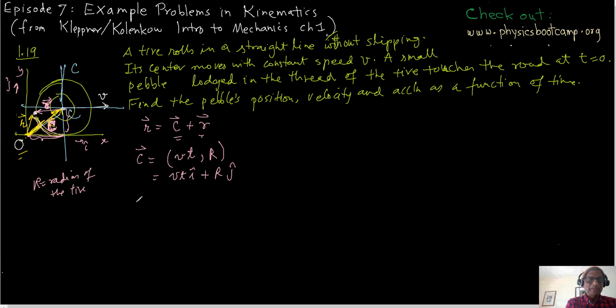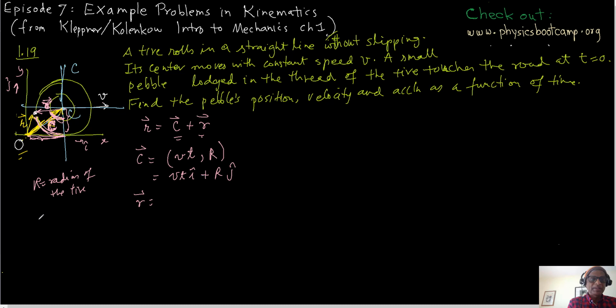And what is little r? Little r is in this coordinate system. If I know this angle, I'll be pretty right. So what is the angle? The arc distance is the same as that distance.